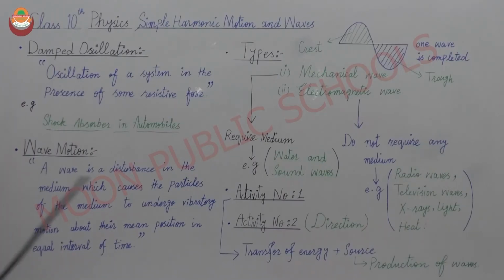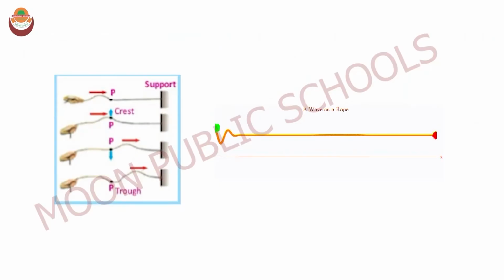Now activity number 2. Activity number 1 describes how energy is transferred and how a source is required for the production of a wave. Activity number 2 describes the direction of a wave. In this figure you can see that we take a rope and mark a point P on it.